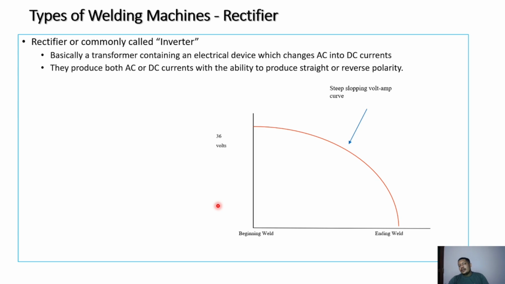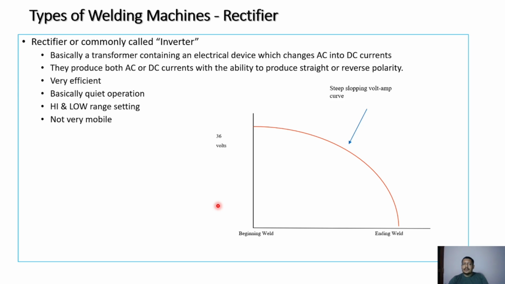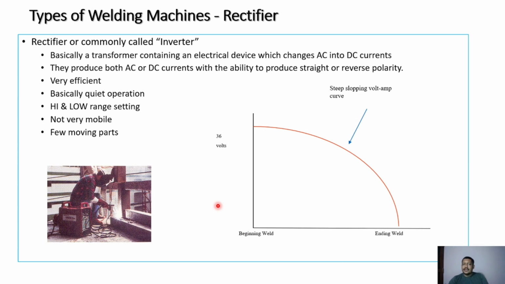With DC, when I change the polarity, you can see I'll get straight or reverse polarity. They are very efficient, with basically quiet operation, and high and low range settings are possible. They are not very mobile, and have few moving parts. A typical figure is also shown over there, and this is a typical current voltage characteristic of a rectifier circuit.